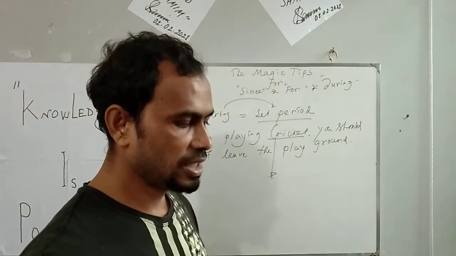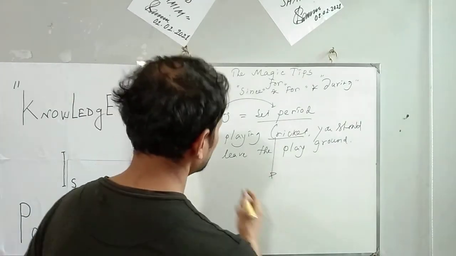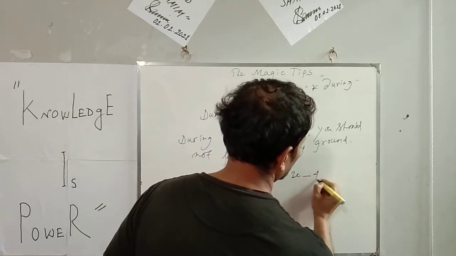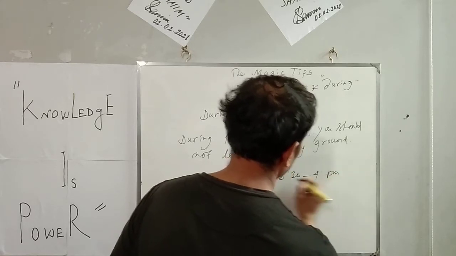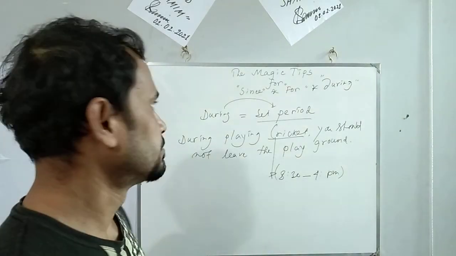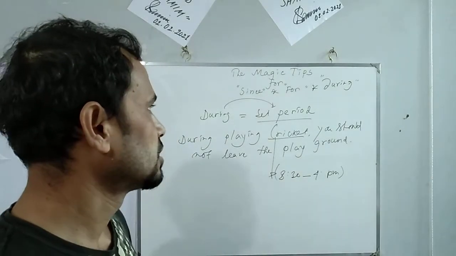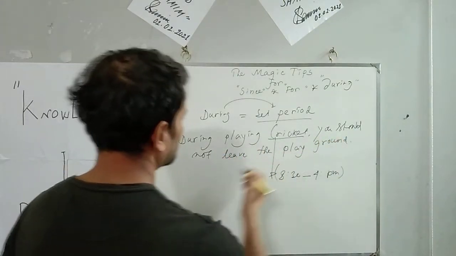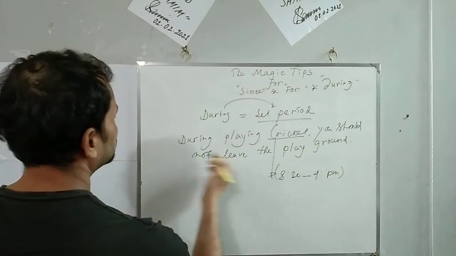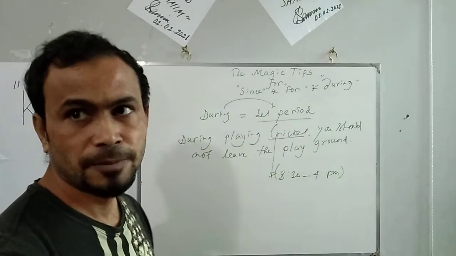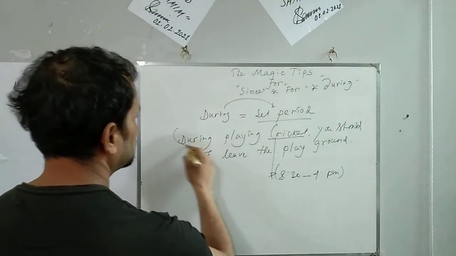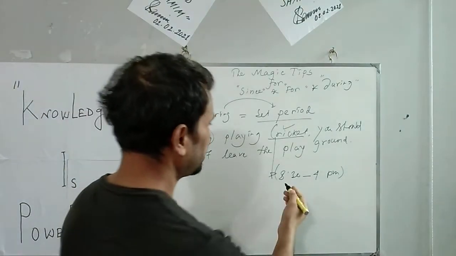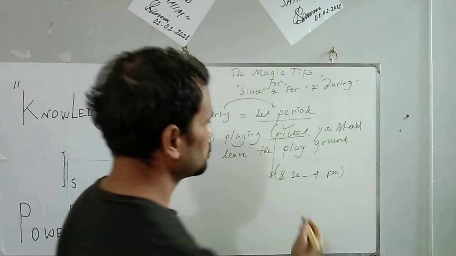It's about 8:30 a.m. to 4 p.m. So during playing cricket, you should not leave the playground. In these expressions, before we always use during, because cricket is a set time or set period.